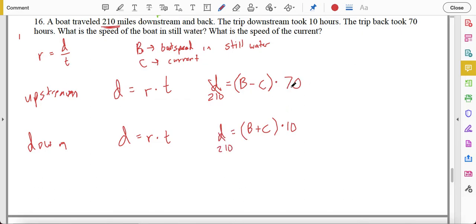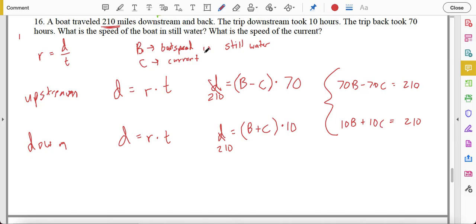If I distribute, I have 70B minus 70C equals 210. And then I have 10B plus 10C also equals 210. So that's the system of equations that I've created that I now have to solve.